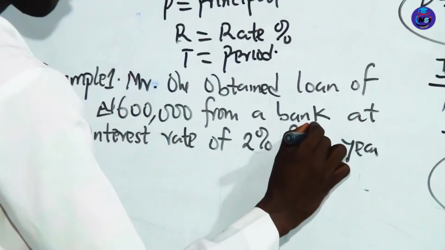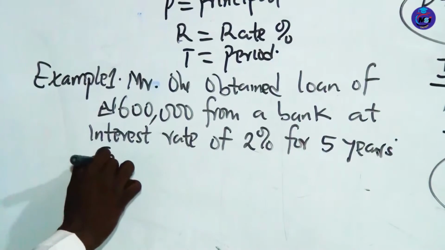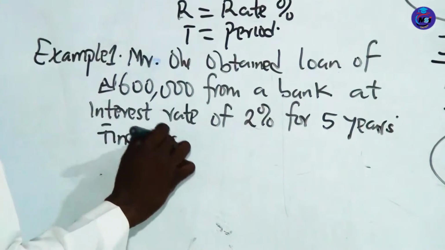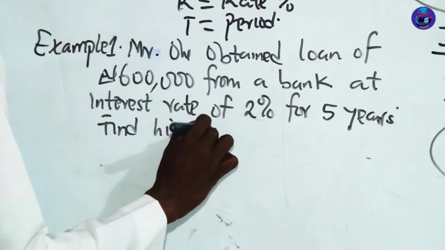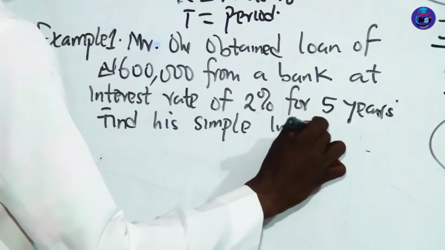Find the simple interest. That's what we want to look at now.